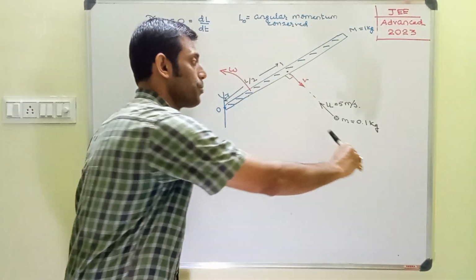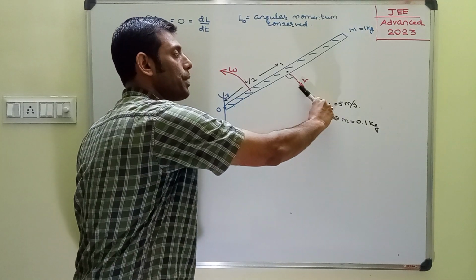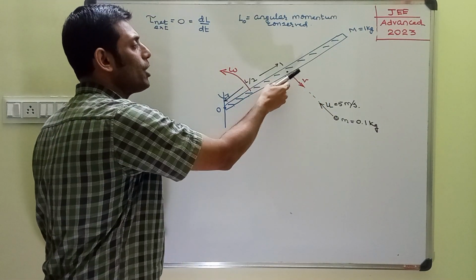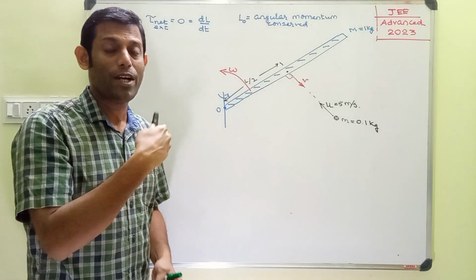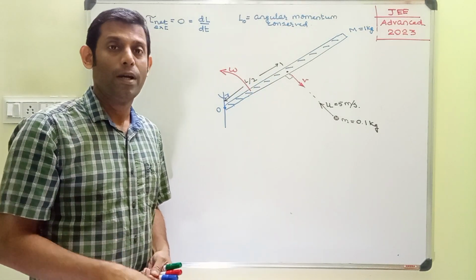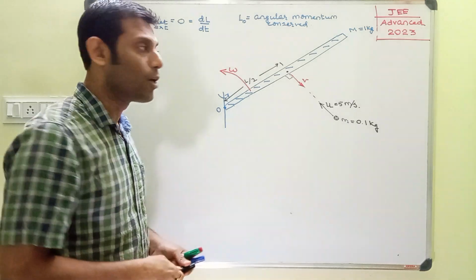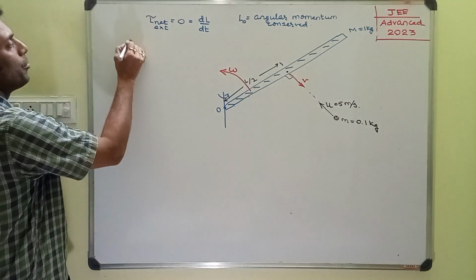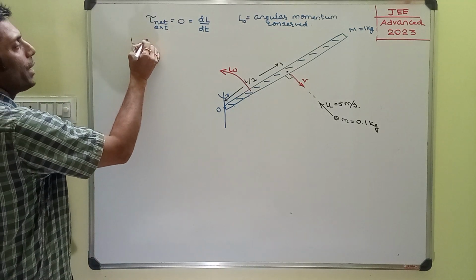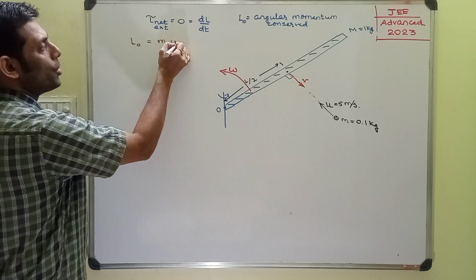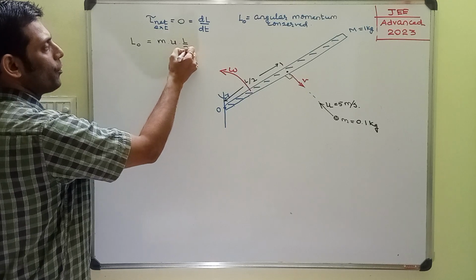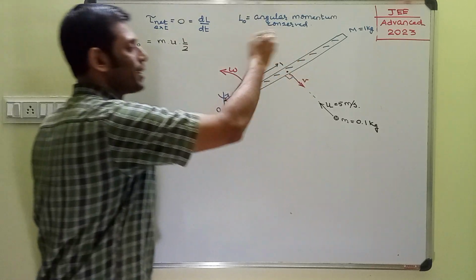Oh yes, this object with mass m, with speed u, and with a perpendicular arm length of L by 2 hits the rod and provides an angular momentum before collision. Therefore, the angular momentum about point O initially is equal to mass m, speed u, and a perpendicular arm length of L by 2.